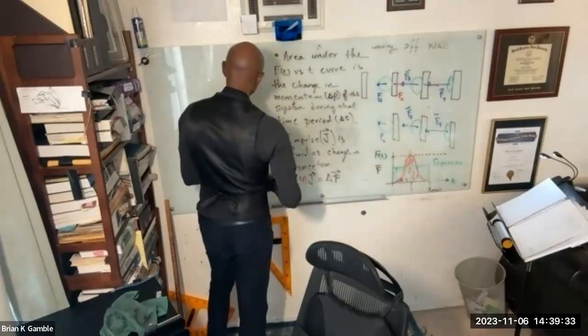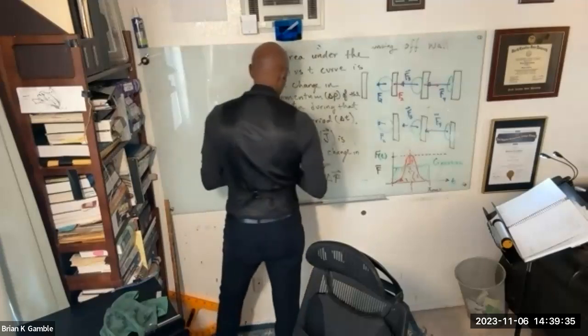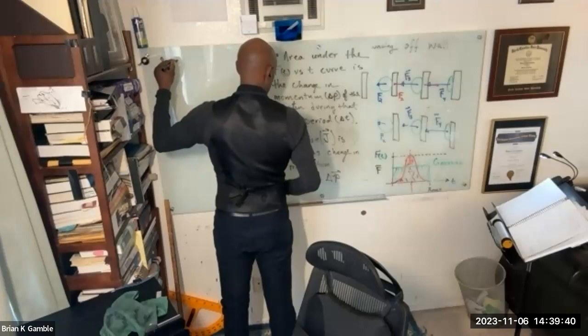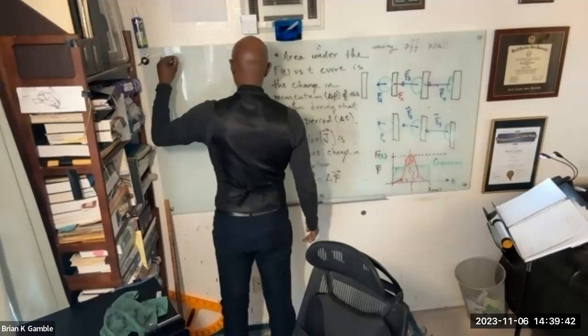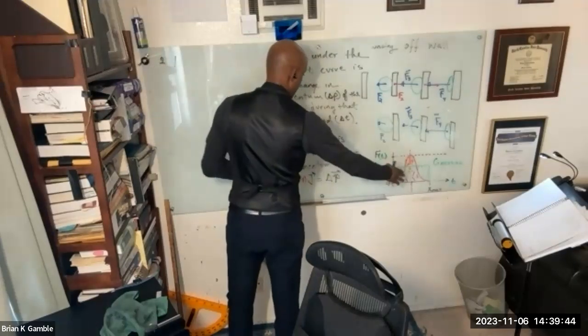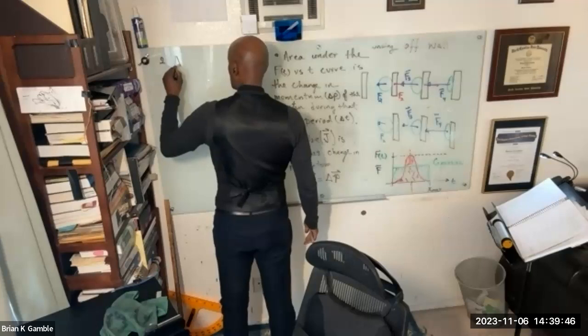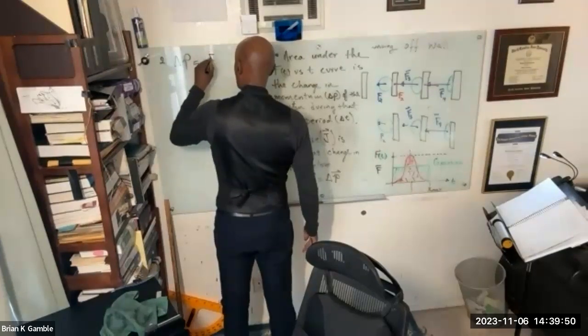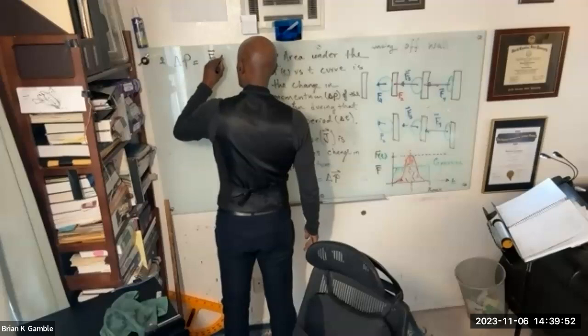So if we come over here, we can say that the change in momentum, delta P, is actually F average times delta T.